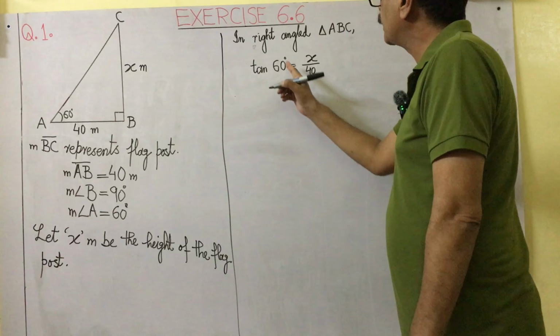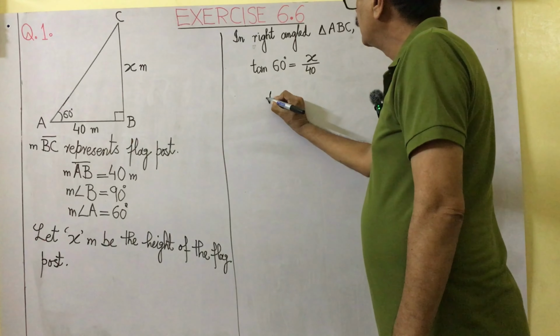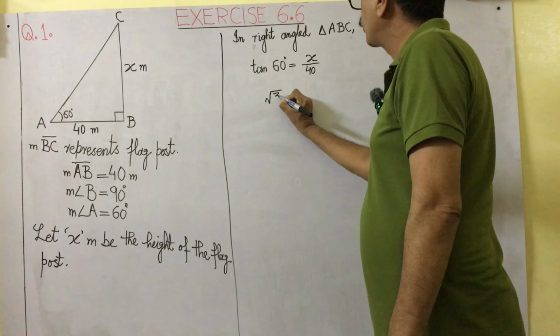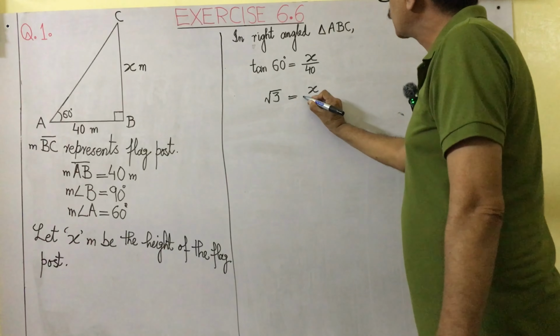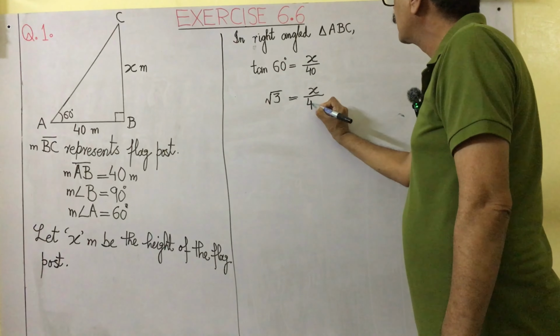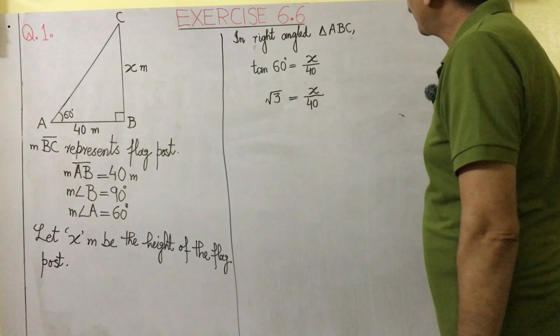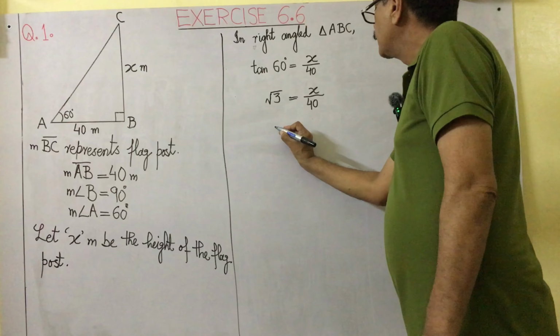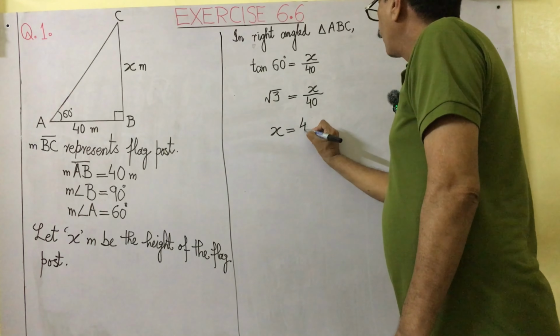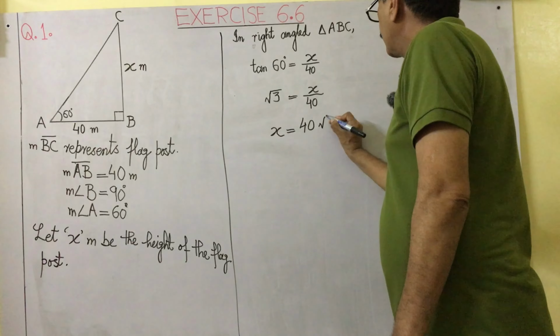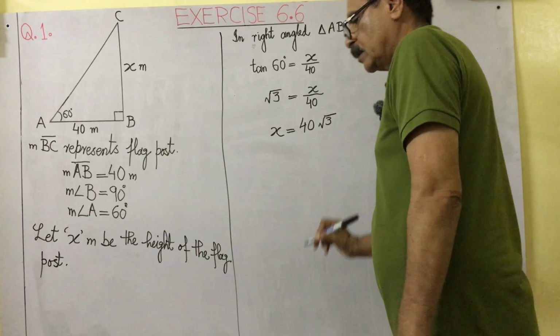Tangent of 60 degrees, putting the value which is square root of 3, is equal to x over 40. Multiplying both sides by 40, x is equal to 40 into square root of 3.